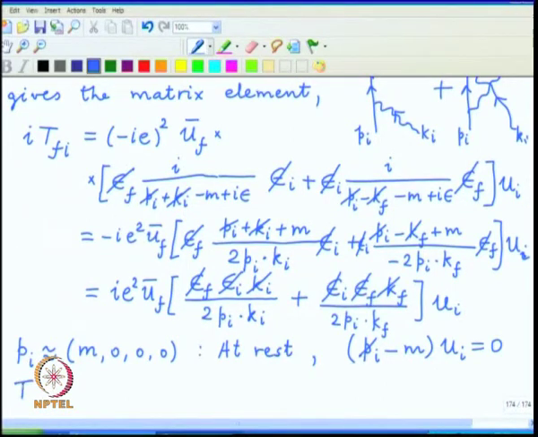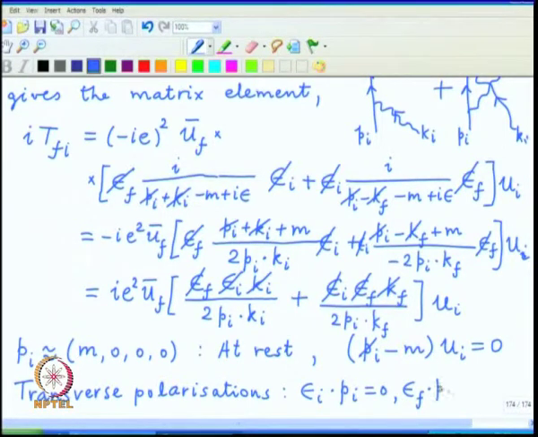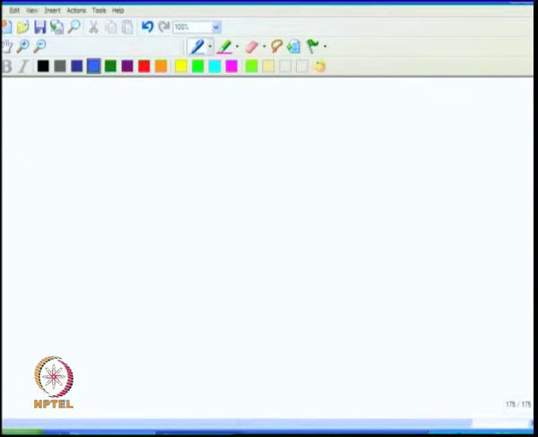So, transverse polarizations, which means epsilon I dotted with p I is 0, epsilon f dotted with p I is also 0, and epsilon dotted with its k is also 0.